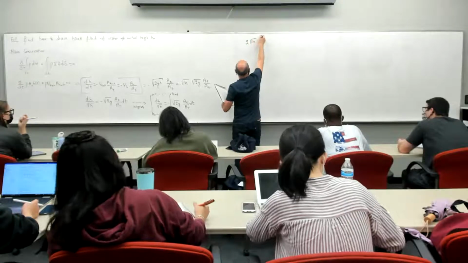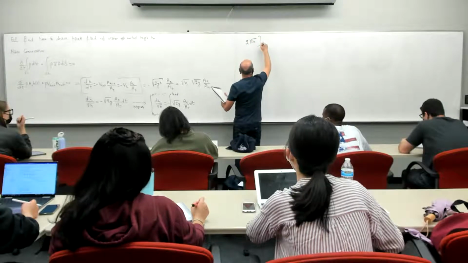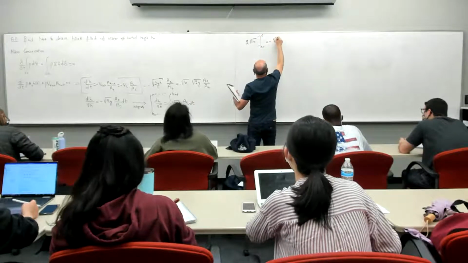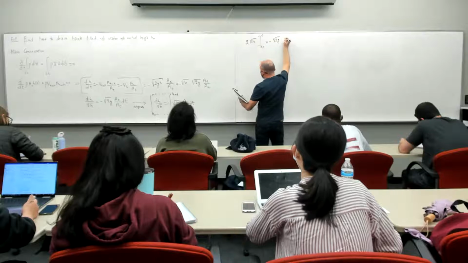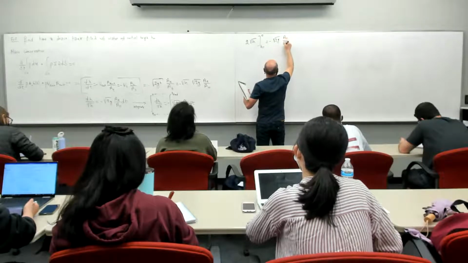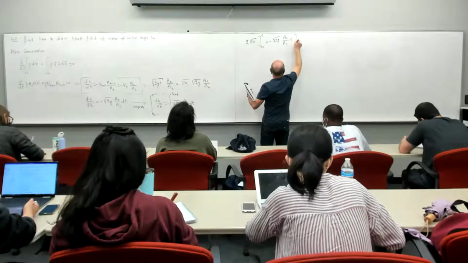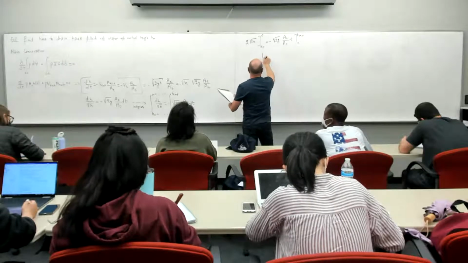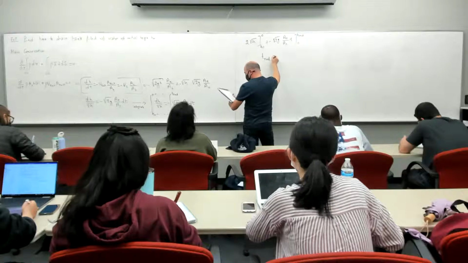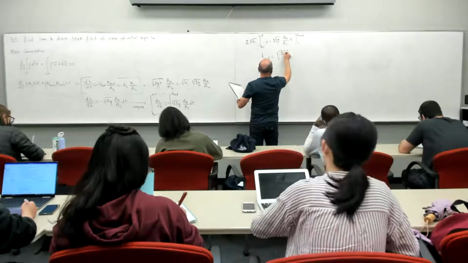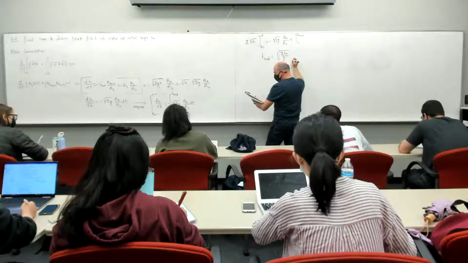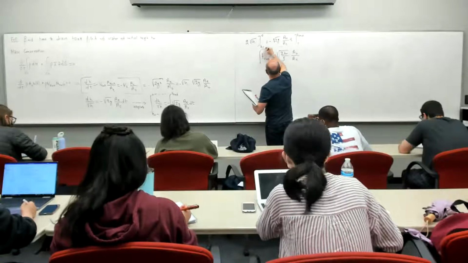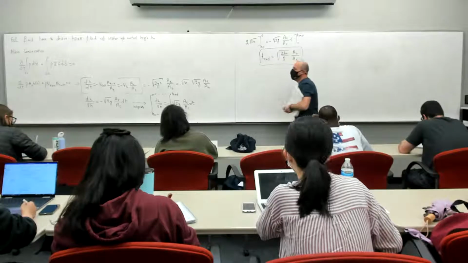You get 2 square root of h from h0 to 0 equal to minus square root of 2g, A exit over A tank, t from 0 to t end. And then from that, you can extract t end is equal to square root of 2h0 over g, times A tank over A exit.